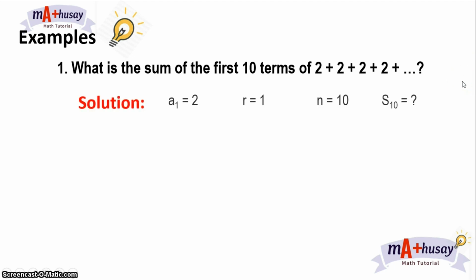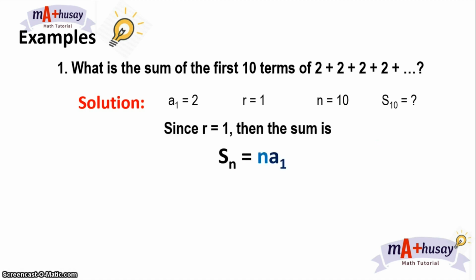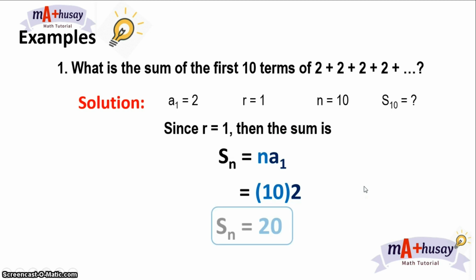So, the common ratio in this case is 1. And the first term is 2, and we are talking about 10 terms in the given sequence. Since r is equal to 1, the sum is S sub n equals n times the first term. Substituting the values, n is 10 and the first term is 2. So, the sum is 20.